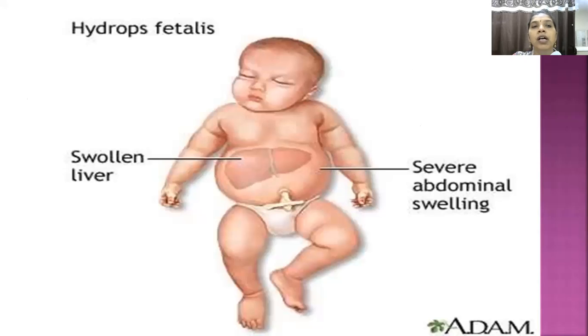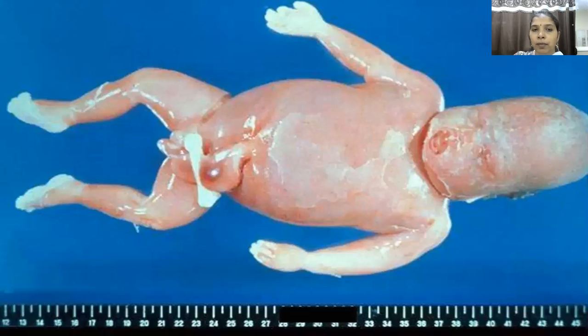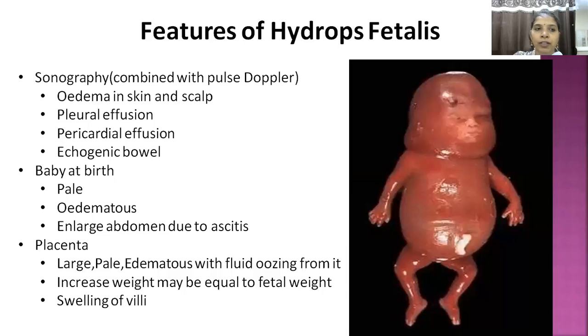See the picture of hydrops fetalis, that is swollen liver because of extramedullary hematopoiesis and severe abdominal swelling due to ascites. That is a consequence of hypoproteinemia. This is the picture showing the baby with hydrops fetalis. Features of hydrops fetalis: this is the ultrasound picture, edema in skin and scalp, pleural effusion, pericardial effusion, echogenic bowel.